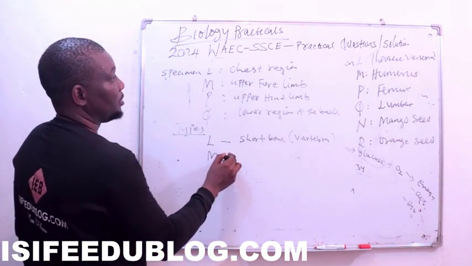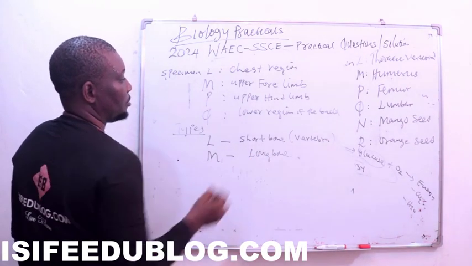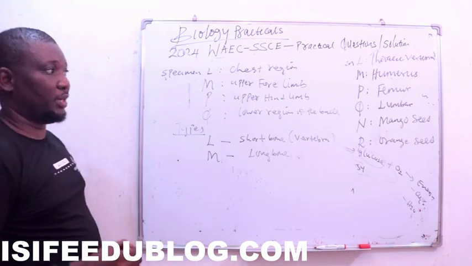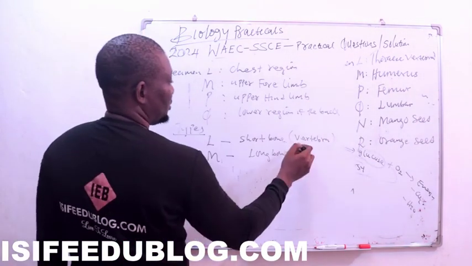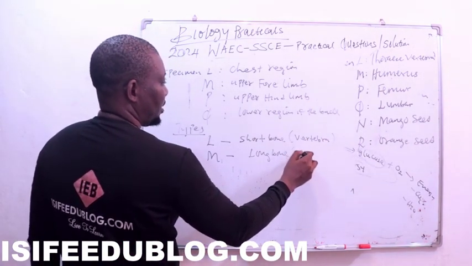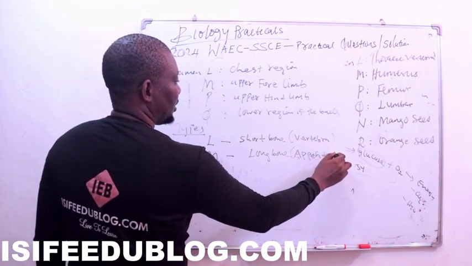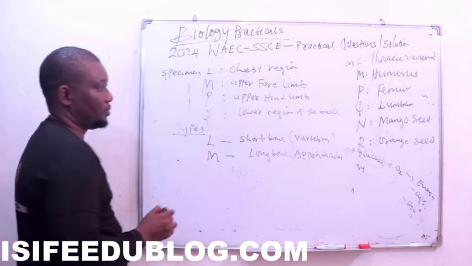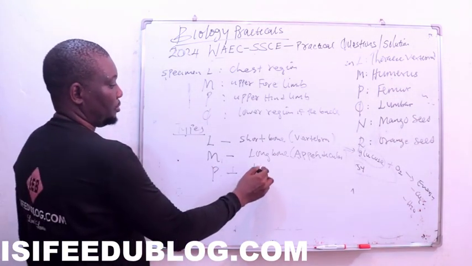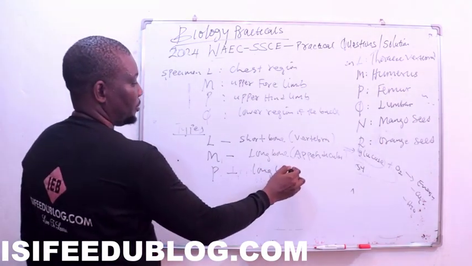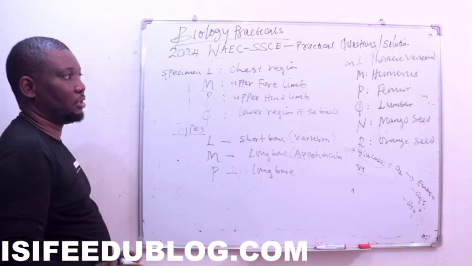Specimen M is a long bone, and it is not part of the vertebral bone. This specimen is part of the appendicular skeleton. Specimen P, which is the femur, is also a long bone, also a part of the appendicular skeleton, but the other region of it.